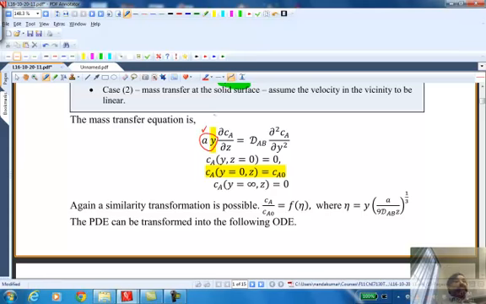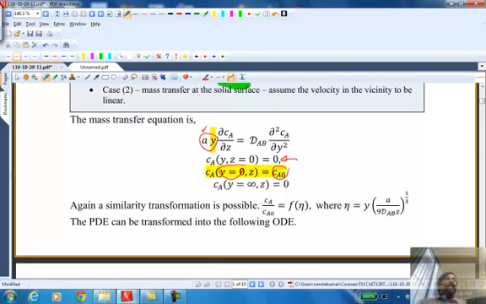So now the mass transfer is from the wall, and CA0, once again at the wall, is the solubility limit. Okay, what is the maximum amount that a solid can dissolve into the liquid, and the entering fluid is free of that solute. And as you go farther away from the solid liquid interface, in an asymptotic sense, the concentration is 0.